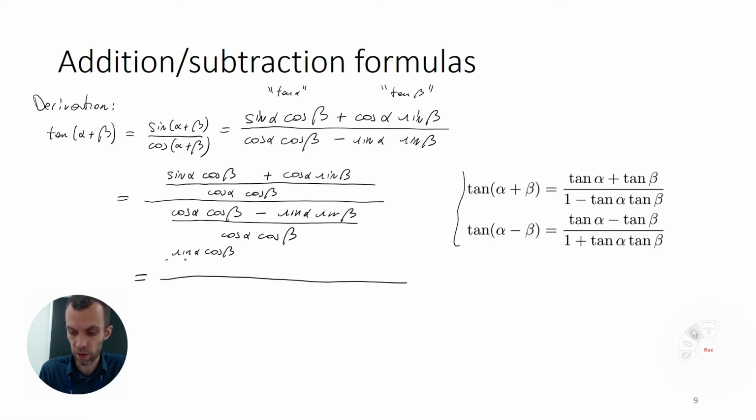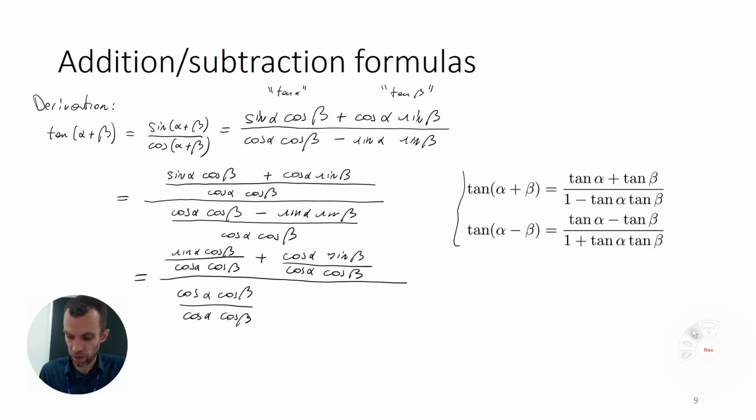So we write it as sine alpha cosine beta over cosine alpha cosine beta, plus cosine alpha sine beta over cosine alpha cosine beta, and then in the denominator cosine alpha cosine beta over cosine alpha cosine beta, minus sine alpha sine beta over cosine alpha cosine beta.